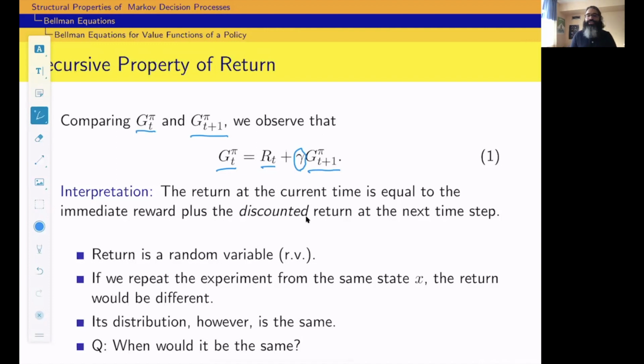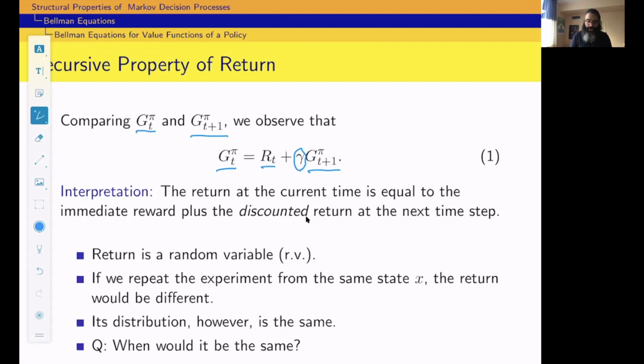So the interpretation is that the return at the current time step is equal to the immediate reward plus the discounted return at the next time step. This is the basic thing that much of today's lecture is going to be about. And it is very important because it says that we have this nice recursive property in discounted MDPs.